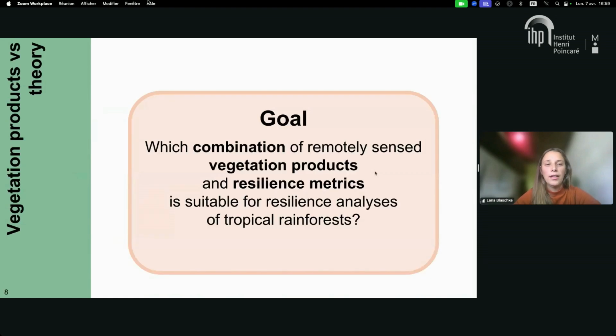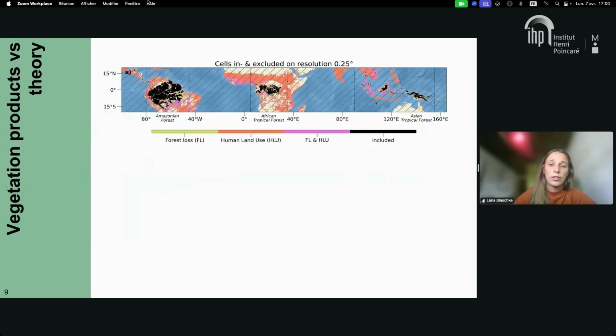So the goal of this study now is to find out which combination of remotely sensed vegetation products and resilience metrics are suitable for resilience analysis in tropical forests. These are the regions that we will look at, and it's only intact forest.